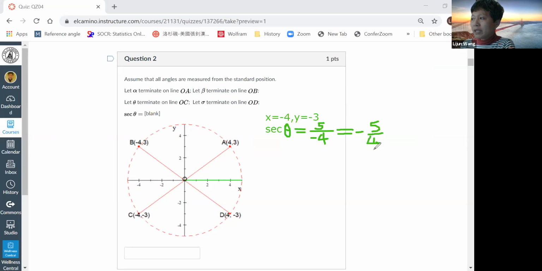If your input is 5 over -4, that is also correct, but it may not have been taken as a correct answer. So I want you guys to go back to your quiz to check if that mistake has cost you a point. I just didn't consider that case.